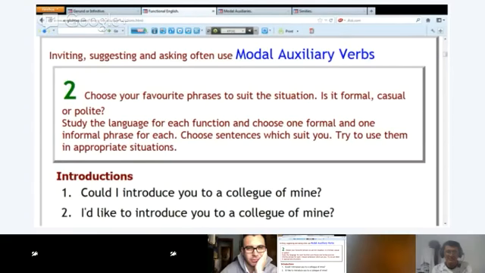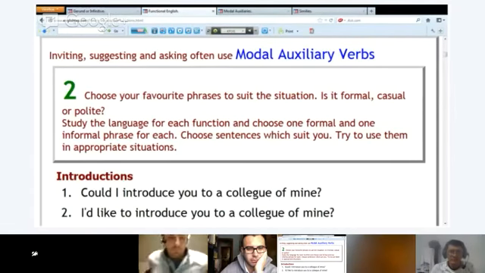Hello. So we'll start off then thinking about all of the different kinds of functions we might need to build our vocabulary around. And then we will find some nice phrases to learn for each.